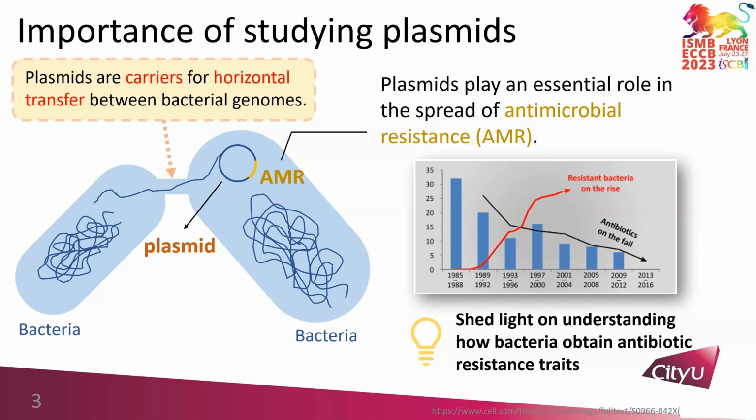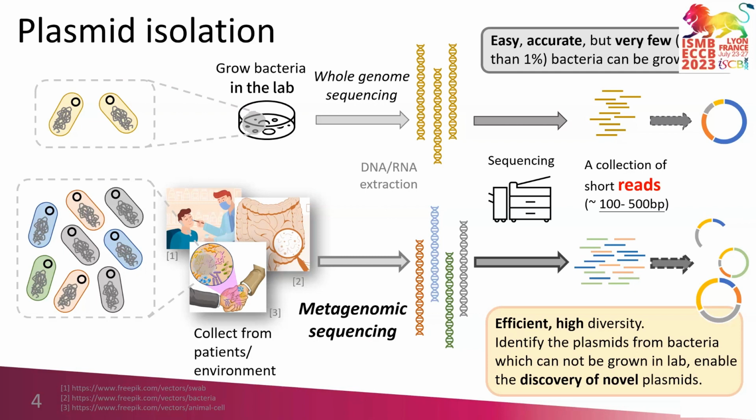To isolate the plasmid, the first way is using whole genome sequencing. We can grow the bacteria in the lab, and after assembling the contigs, we can identify the plasmid easily and accurately. But very few plasmids can be grown in the lab. Another more efficient way is using metagenomic sequencing.